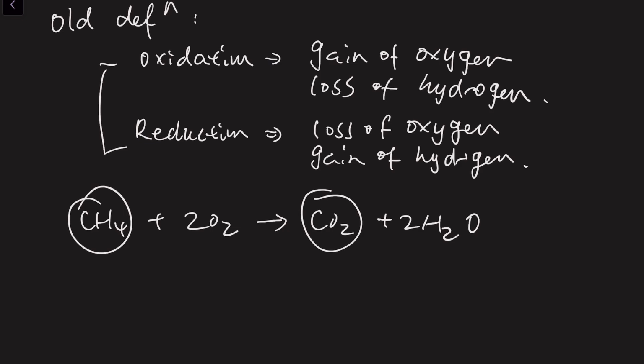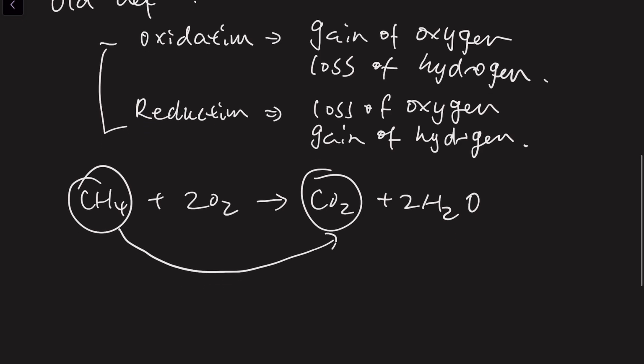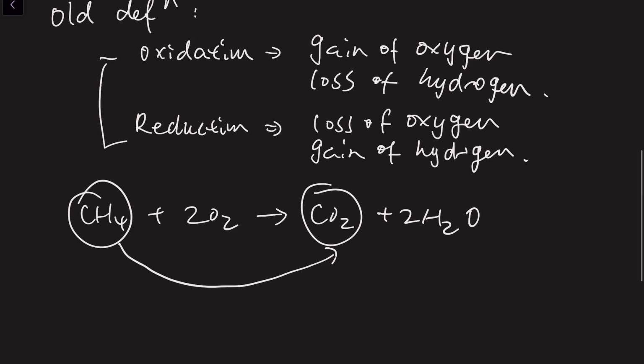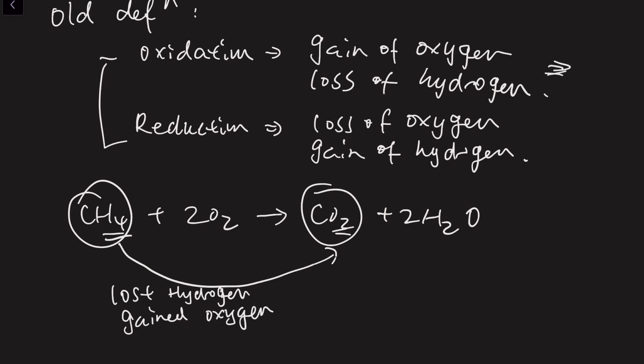So they must go together. So methane has basically become carbon dioxide after this reaction. So it has lost hydrogen. So CH4 becomes CO2, and simultaneously it gained oxygen. So from this definition, we know that methane gets oxidized.